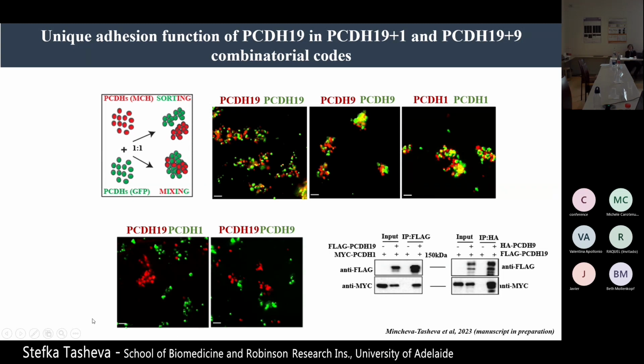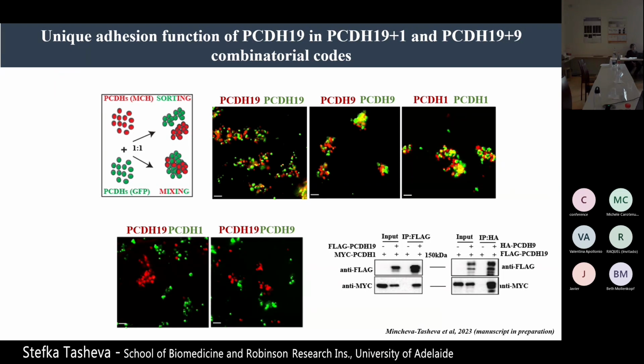So we have these homogeneous clusters of each of these populations, so they cannot intermix because of their incompatibility as single molecules. However, we performed the immunoprecipitation assay, and this assay was performed in Joseph Gecz's lab by Raman Kumar, who found that PCDH19 physically interacts with PCDH1 and PCDH9.